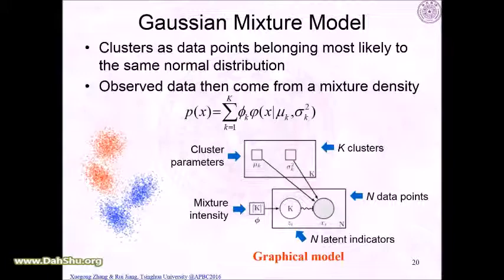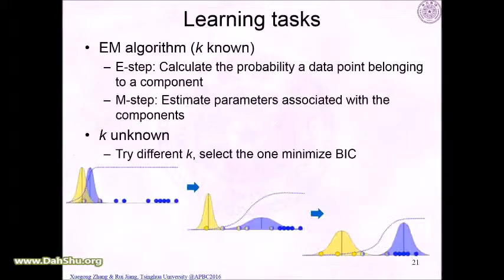You build this graphical model to forward represent how the data is sampled from the distribution, and then from the data you can use maximum likelihood or a Bayesian method to estimate the parameters. The EM algorithm is one way to do the estimation.